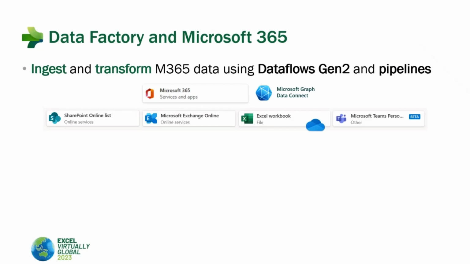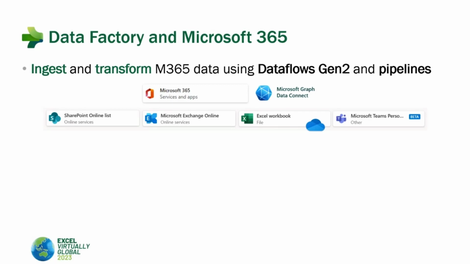Okay, but you can also configure Microsoft Graph Data Connect in Azure, and that will give you access to M365 data using pipelines in Fabric. So again, you have some ways to bring M365 data to Fabric for sure.